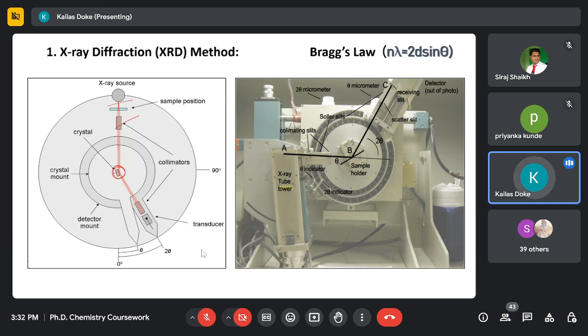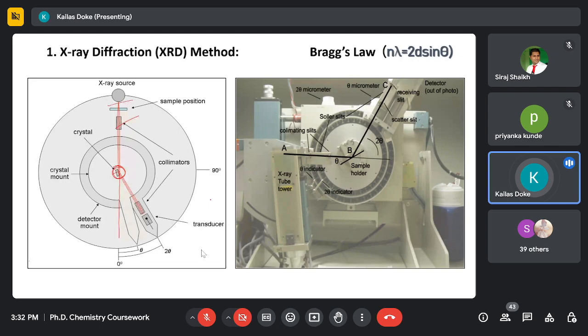If it is diffracted at an angle other than 180 or 0 degrees, then this phenomenon is called diffraction. With the help of a goniometer, we can measure the diffracted angles. This is just a photograph of the instrument to get a feel for what kind of instruments are used in X-ray methods of analysis.